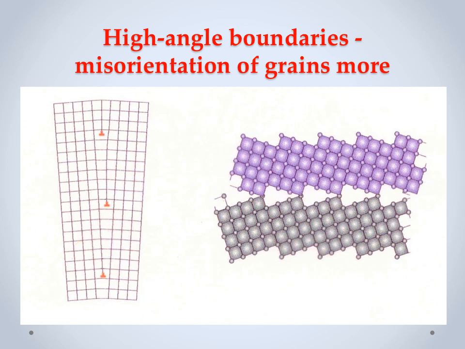Therefore, small angle boundaries include boundaries with theta not more than 10 degrees, as well as subgrain boundaries, since the misorientation angle of neighboring subgrains does not exceed 1 degree.